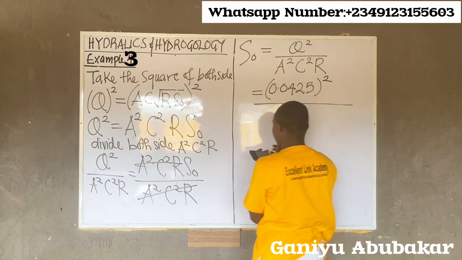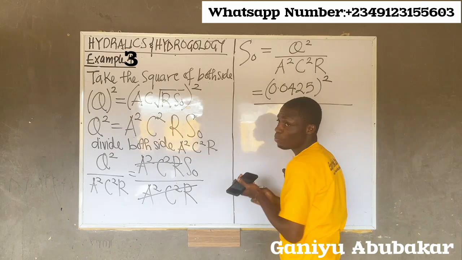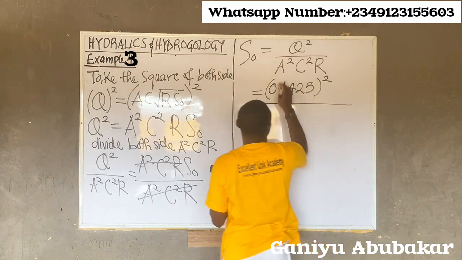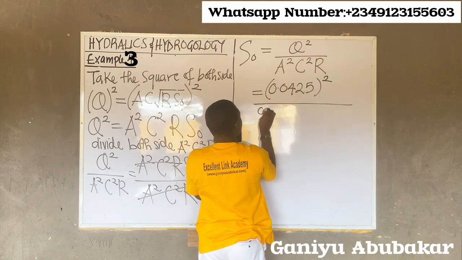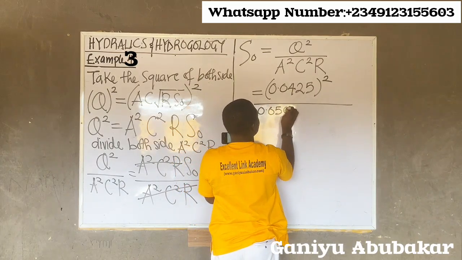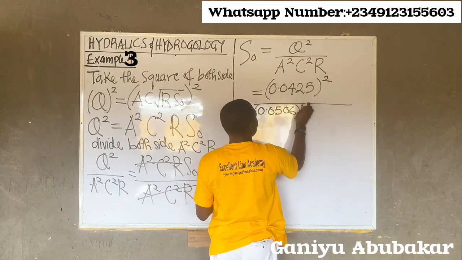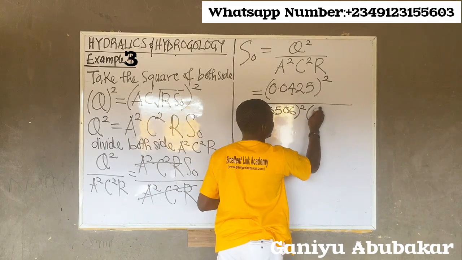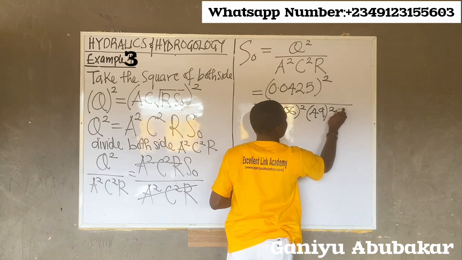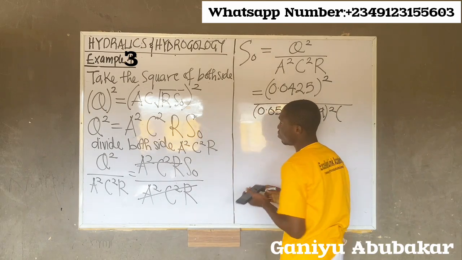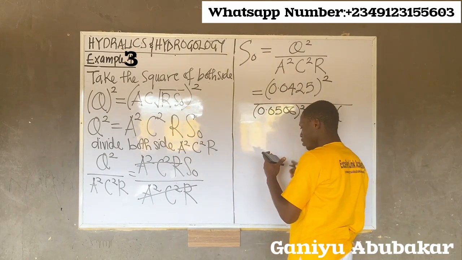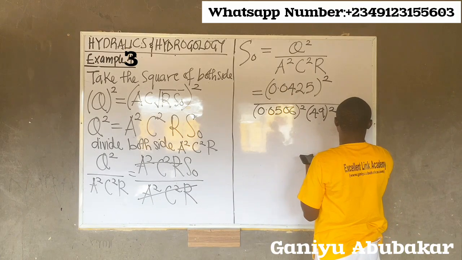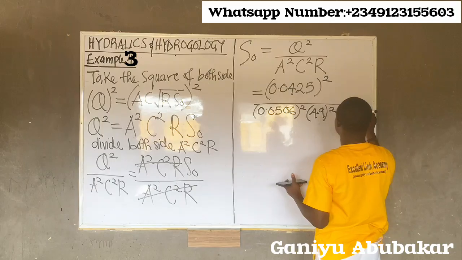Check your area. What is your area? Meter cube per second. We're not converting, right? So what's your A? Check the formula there. A gives you 0.0506, all squared. What's C? 49. I have 49 all squared, times what next? What's R? We got R somewhere. 0.079.